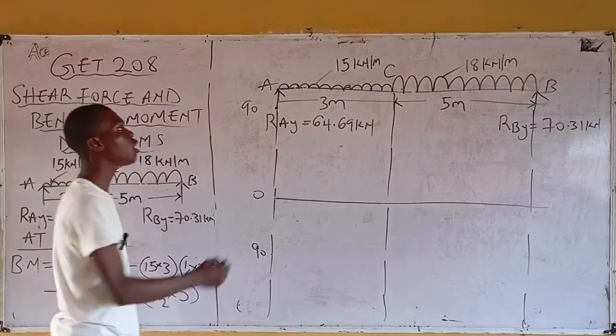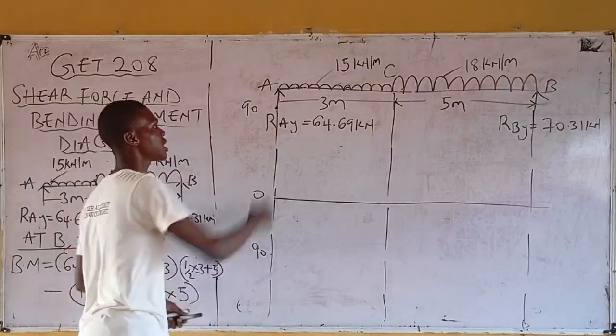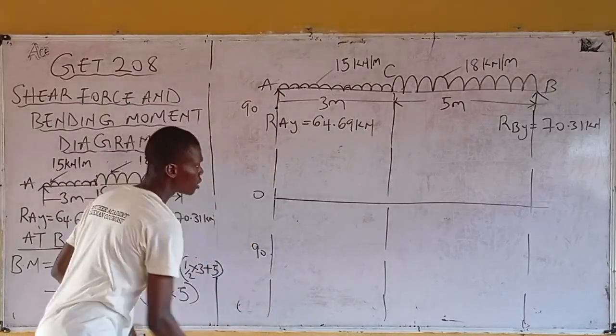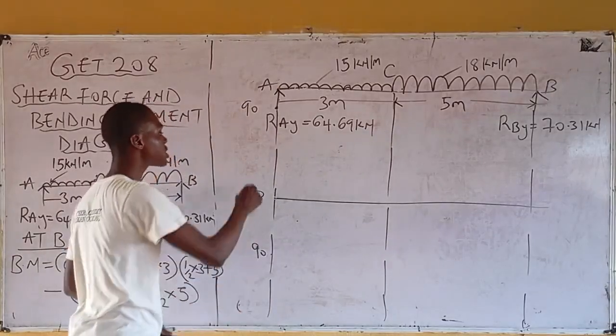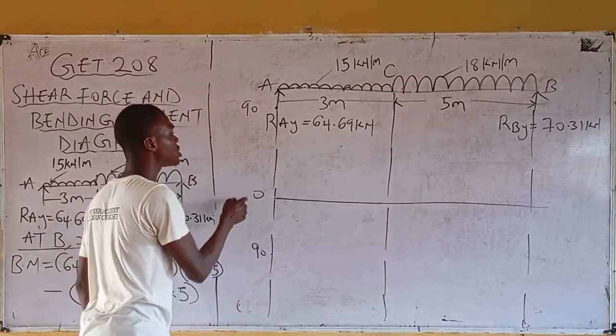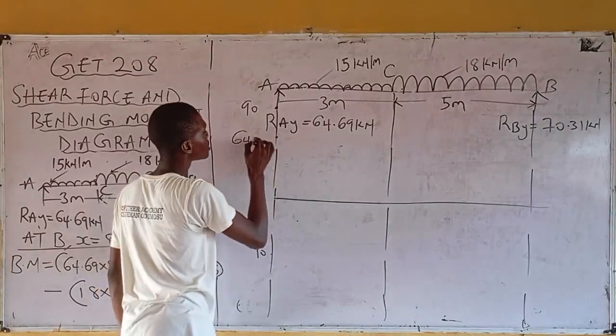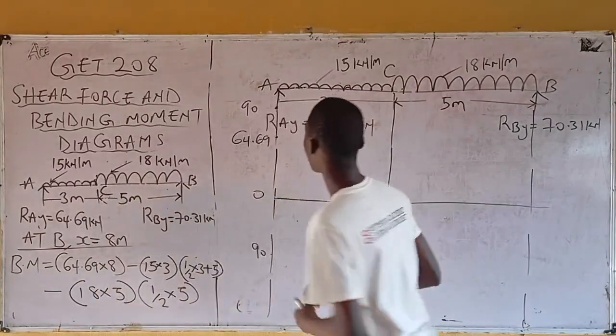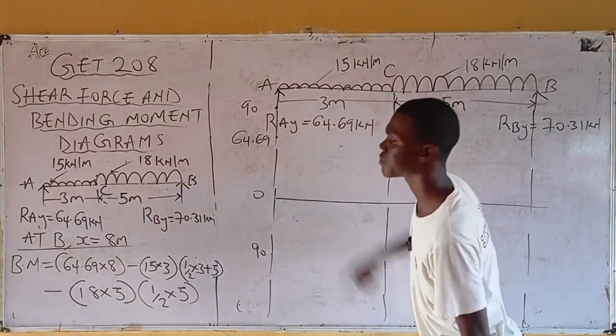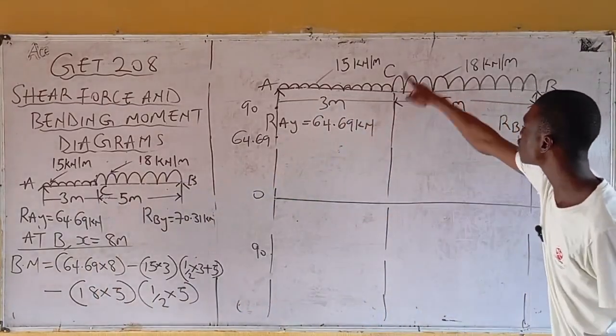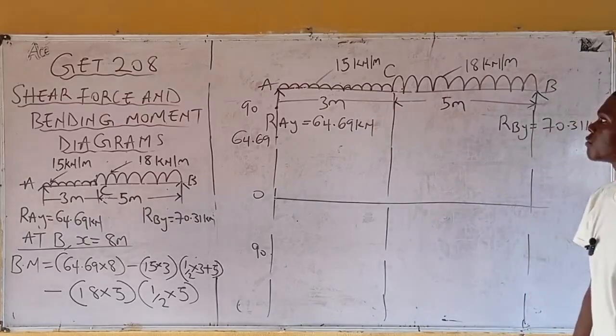Yes. Now go back to the shear force calculation. At A, what's the value of shear force? 64.69. Meaning 64.69 is going to be between 0 and 90, right? So let's say I have 64.69 here. Any value again aside from 64.69? Moving on to C. What's the value of shear force there?